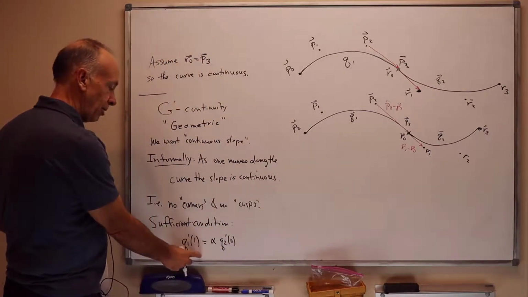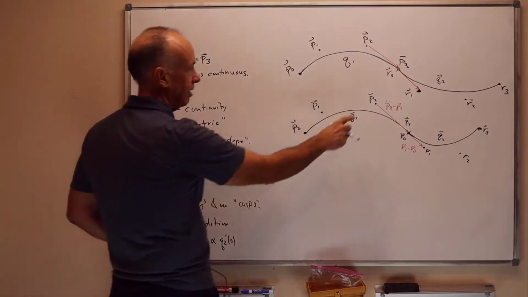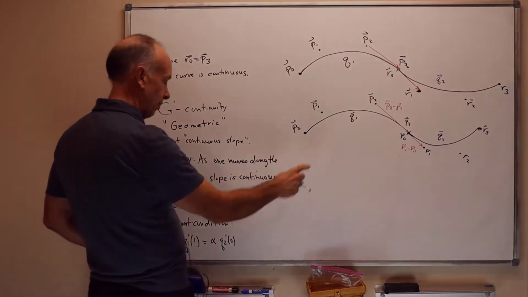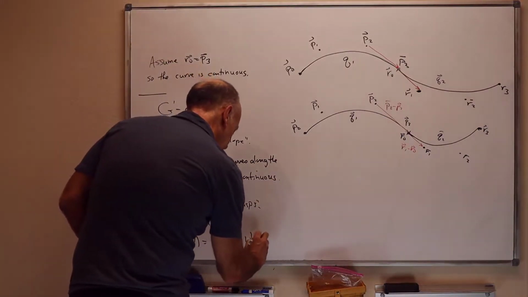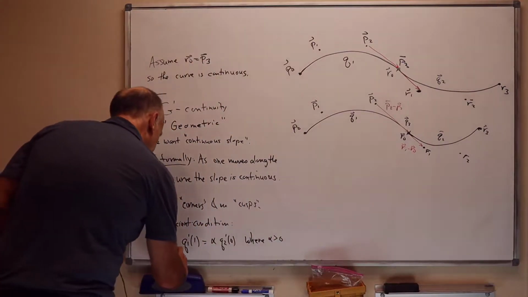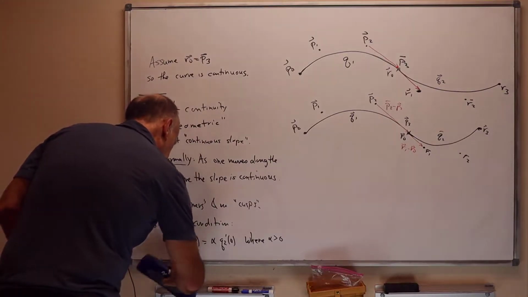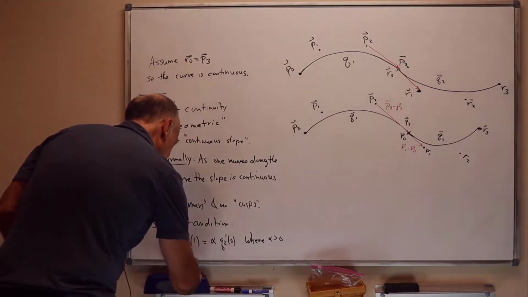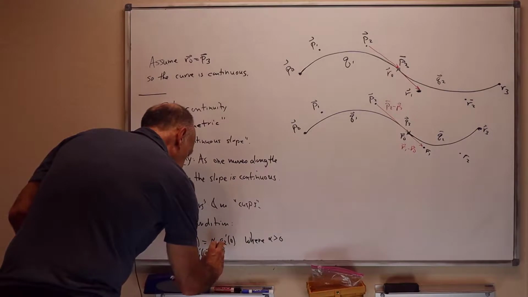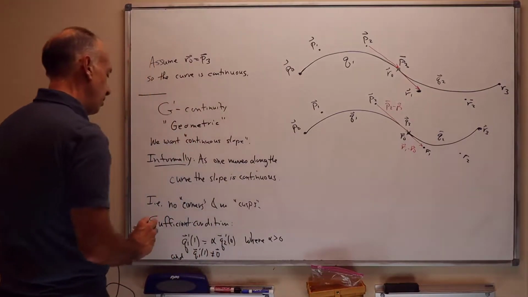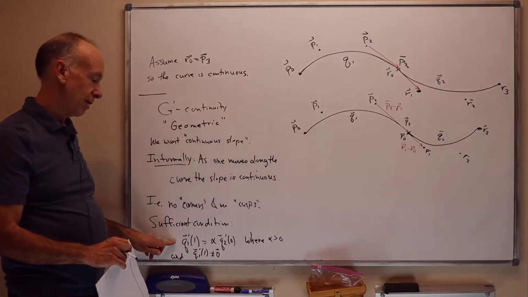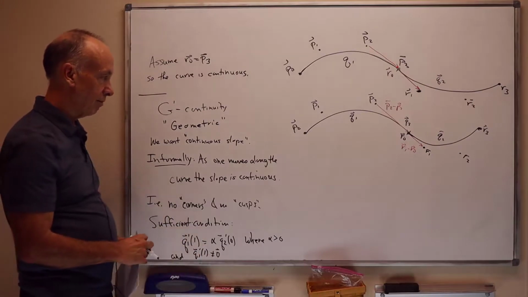That is, the first derivative of Q1 at the end of it is alpha times the first derivative of Q2 at its beginning, where alpha is greater than 0. We don't want to allow alpha equal 0. And in fact, Q1 prime of 1 is non-zero. The derivatives, I should be clear here, are vector-valued derivatives. The derivatives themselves are vectors. So Q1 prime of 1 is not the 0 vector.